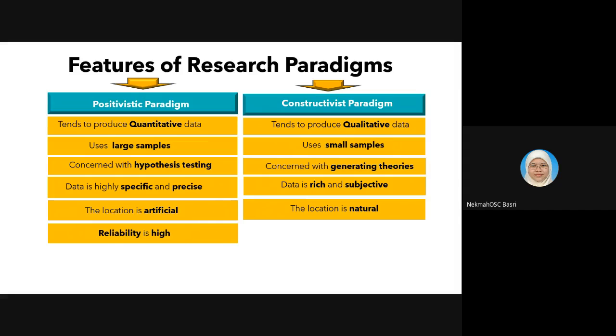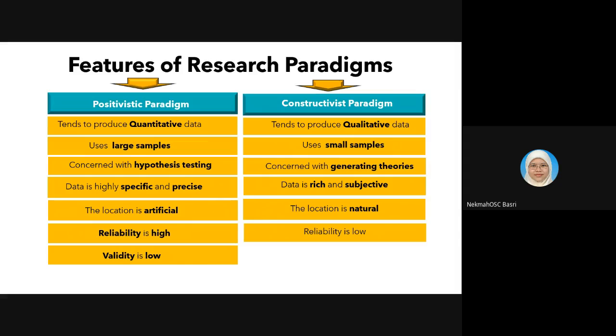Reliability is high in the positivist paradigm, while for the constructivist paradigm, reliability is low. In the positivist paradigm, the validity is low, while for the constructivist paradigm, validity is high.